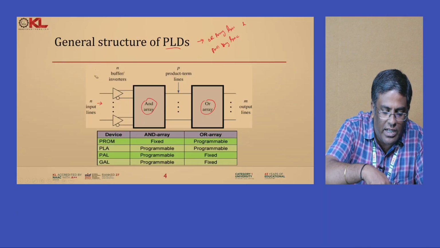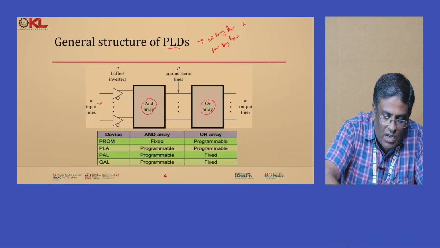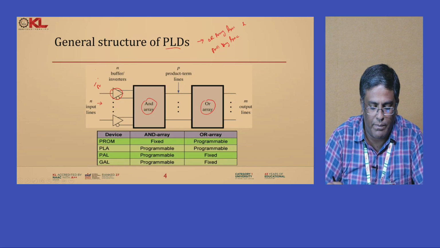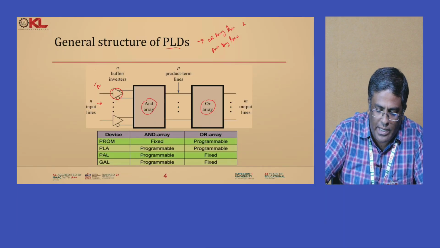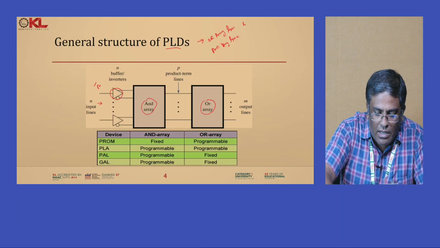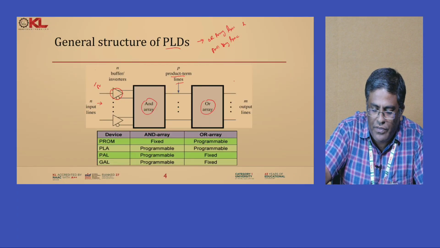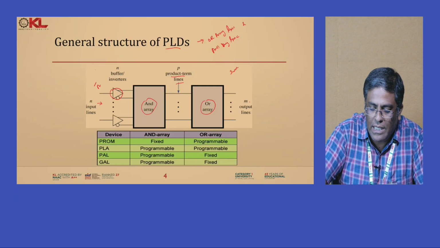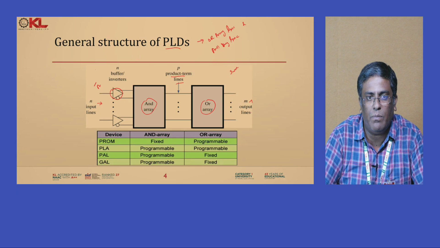At the bottom, the outputs of these ANDs are the product term lines, right? And the outputs of these ORs indicate the sum lines, and the output is M output lines that become available, right?